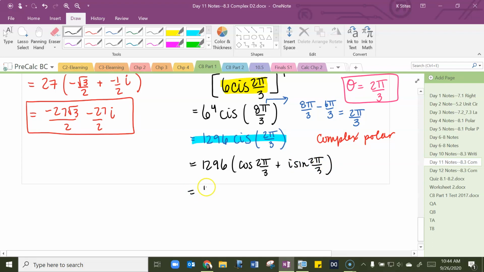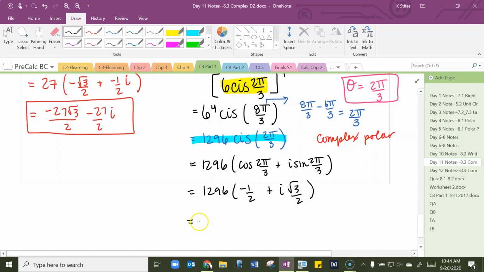And you need to know your unit circle. Cosine of 2 pi over 3 is going to be 1/2, but it is a negative because we're in quadrant 2. Sine of 2 pi over 3 is root 3 over 2. It is positive because y is positive in quadrant 2.